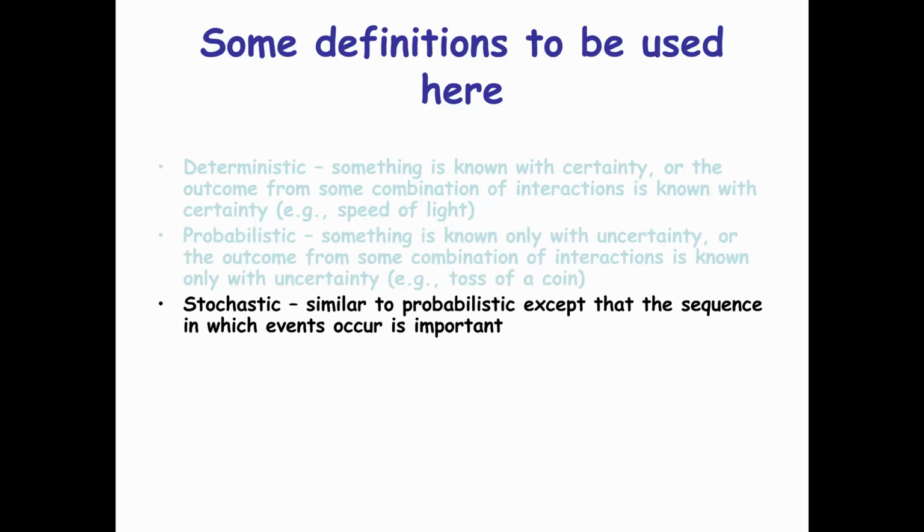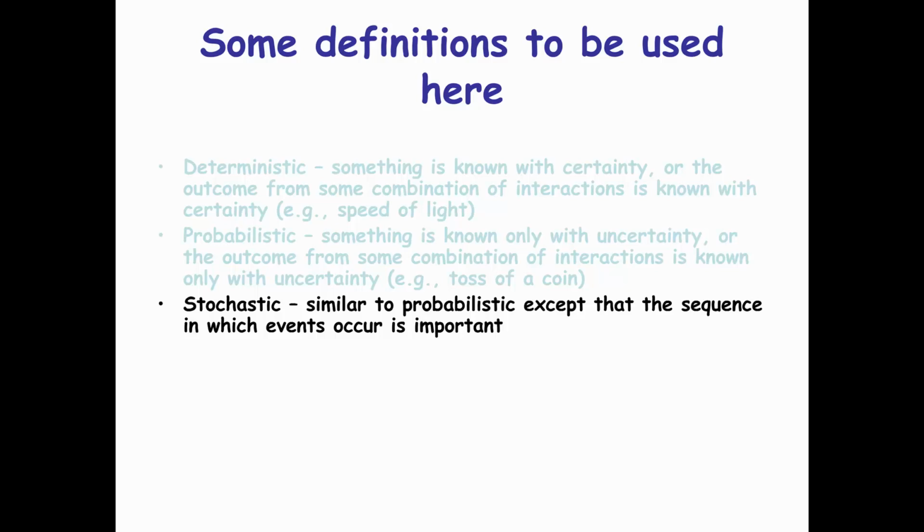Stochastic means that it's like probabilistic, except that with stochastic the sequence of events is important, whereas with probabilistic the sequence doesn't matter. So when you look at trying to estimate rainfall, the sequence of rainfall events is important.